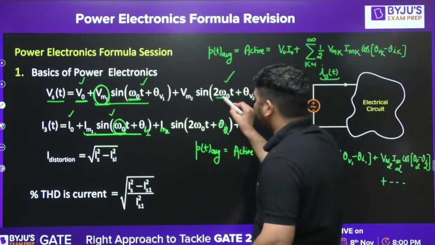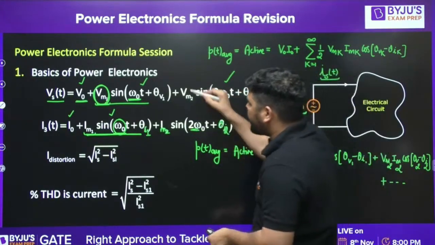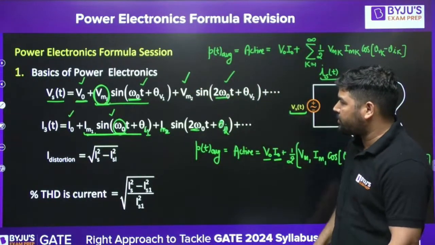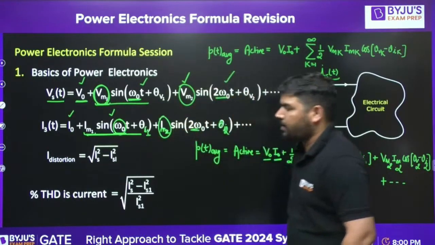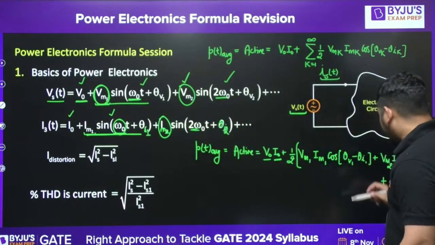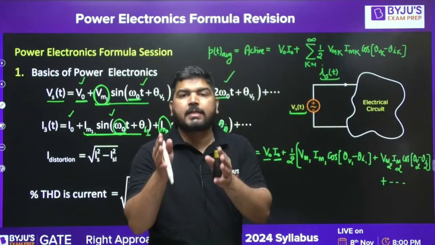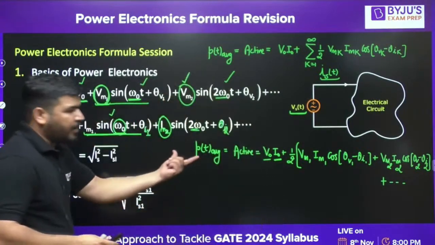Similarly, the second harmonic, the 2 omega naught term. In the 2 omega naught term, if you are taking Vm2, the second harmonic maximum value of the voltage source, then it will be mixed with the second harmonic only, Im2. So you can see that here I have written Vm2 Im2. Same frequency terms will mix to make the active power.